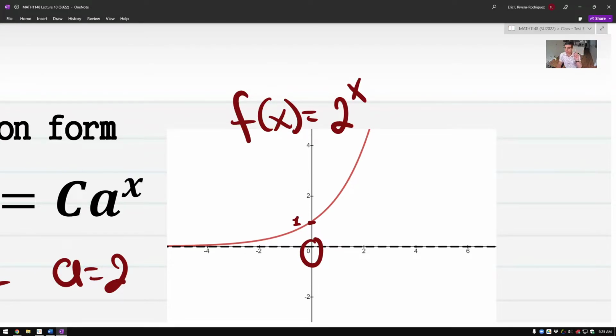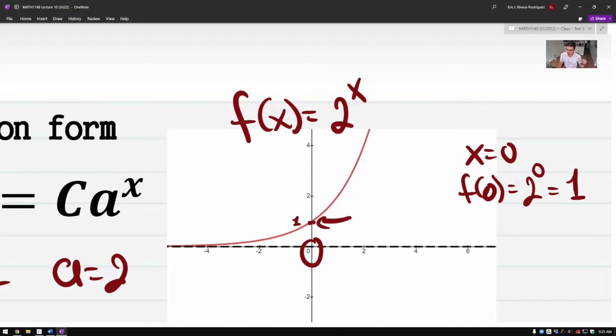The law of exponent says that if we raise any value to the power of 0, the result is 1. So x equals 0, we get f of 0, which is the initial value. 2 to the power of 0 is just 1, and that is the y-intercept, 0, 1.